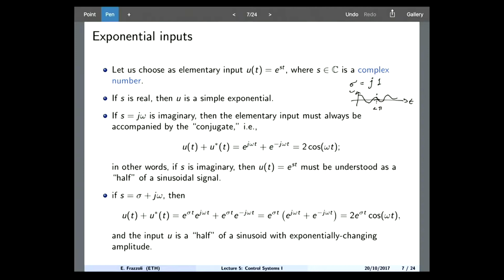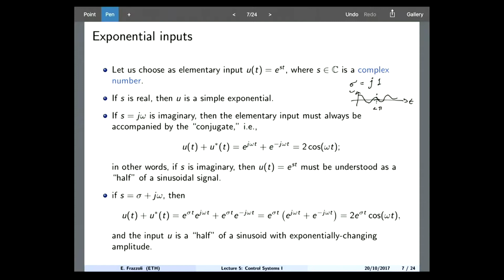Right? What is this number? This is cosine of t plus j sine of t, right? Okay, this part is fine enough. I can generate a signal that is cosine of time, right?